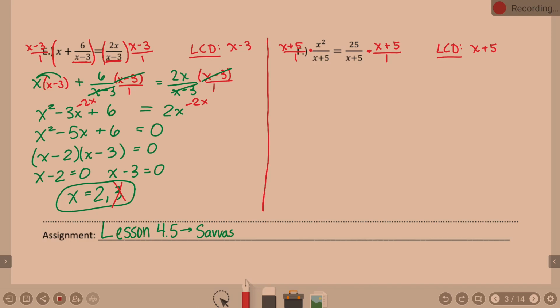I'm not rewriting that one out because it's just 1 term on each side. What happens? On the left, x plus 5 cancels, leaving me with x squared. On the right, what happens? X plus 5 cancels with x plus 5, leaving me with 25.